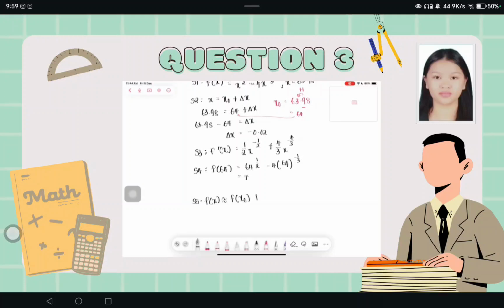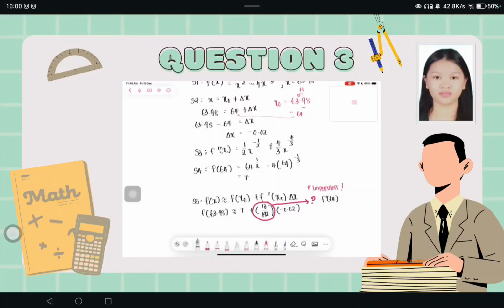Lastly, for step 5, we will substitute all the related values we get from step 1 until step 4. So we're going to substitute all the values. You must think, where did I get 3192nd? So that's why I circle it, because I forgot to solve f prime of x new.